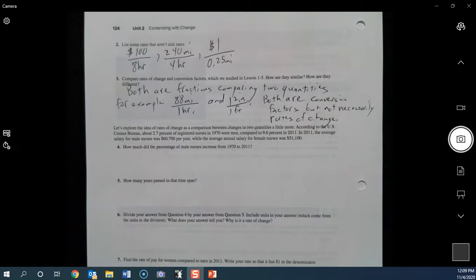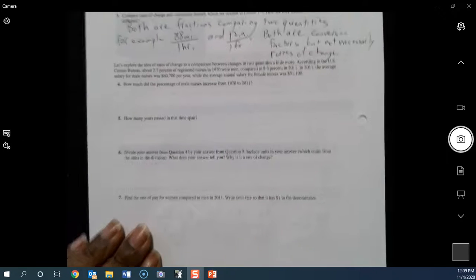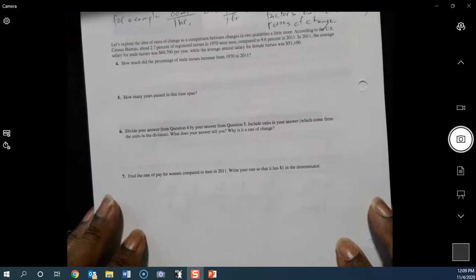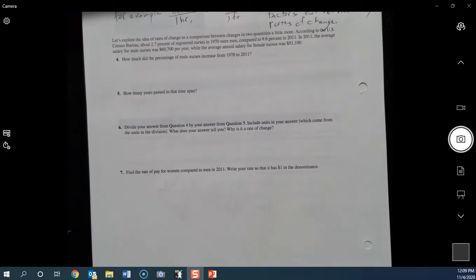Okay, now it says, in fact, let me move this up just slightly. All right. It says, let's explore the idea of rates of change as a comparison between changes in two quantities a little more. According to the U.S. Census Bureau, about 2.7% of registered nurses in 1970 were men, compared to 9.6% in 2011.